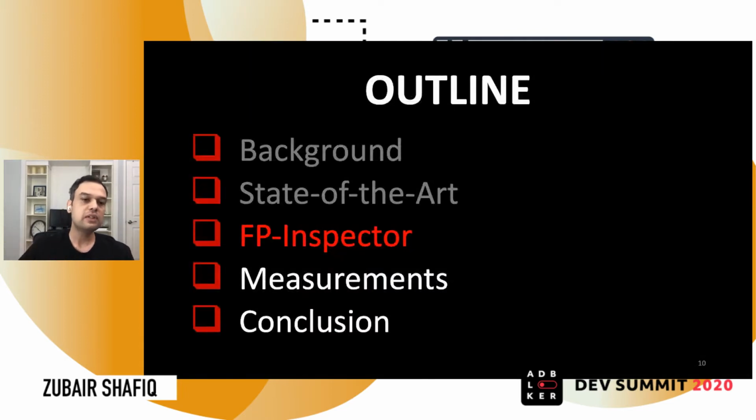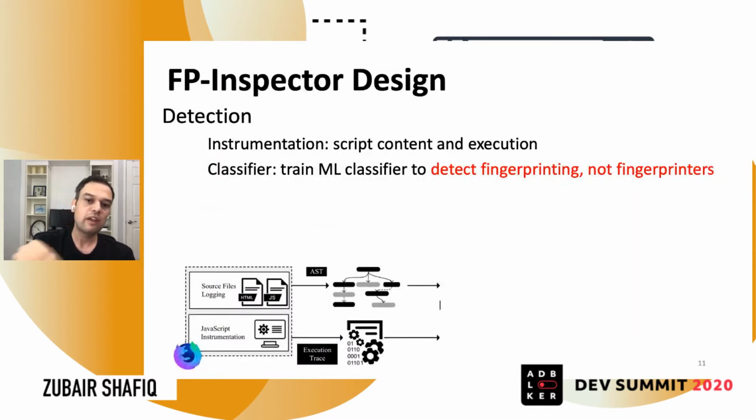To address some of these issues, we have been working on developing machine learning techniques to automatically detect browser fingerprinting scripts. We proposed a system called FP-Inspector. FP-Inspector uses machine learning to automatically analyze and detect fingerprinting scripts based on their behaviors. It detects the existence of fingerprinting, but it's not trying to detect a particular fingerprinter.